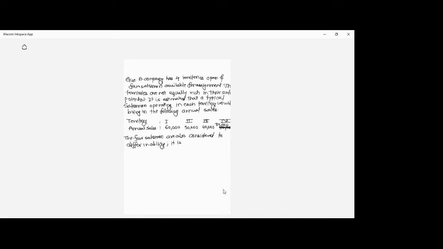It is estimated that working under the same conditions, their yearly sales would be proportionately as follows.